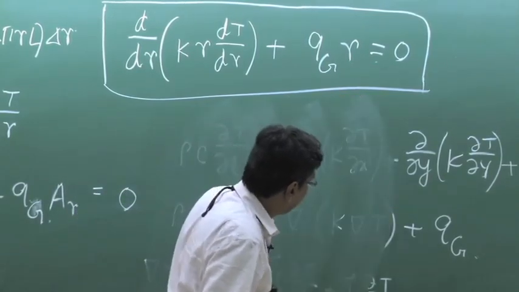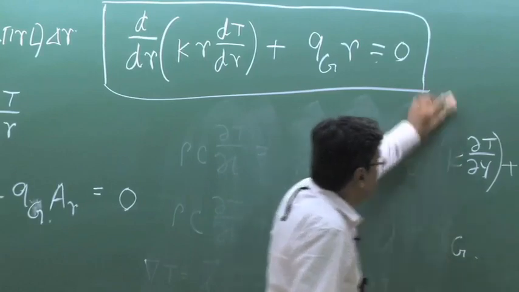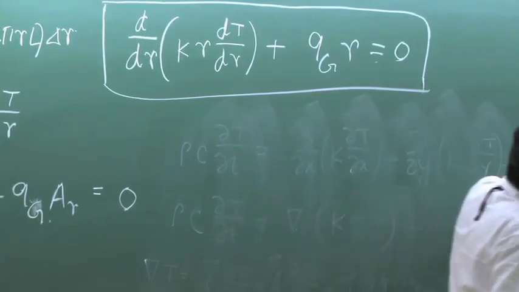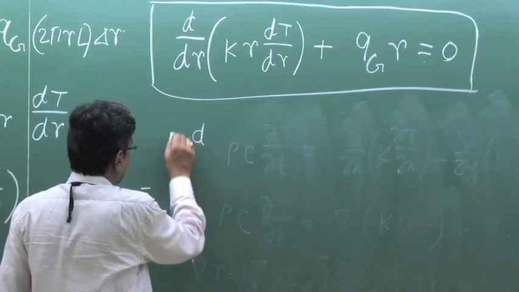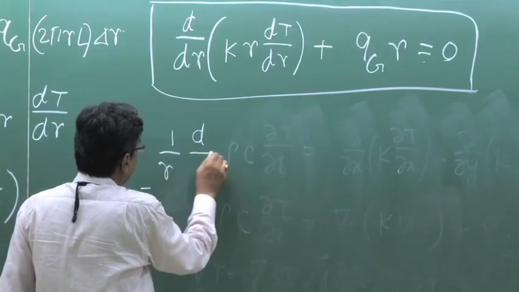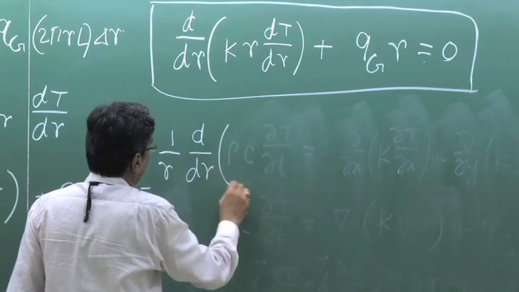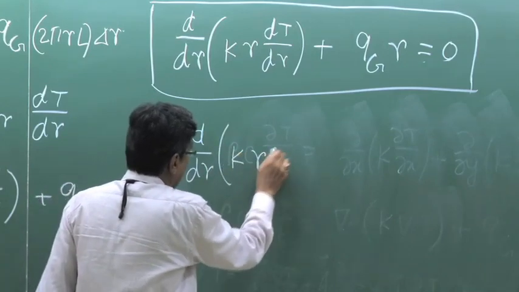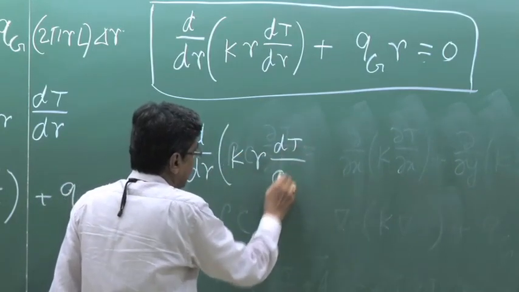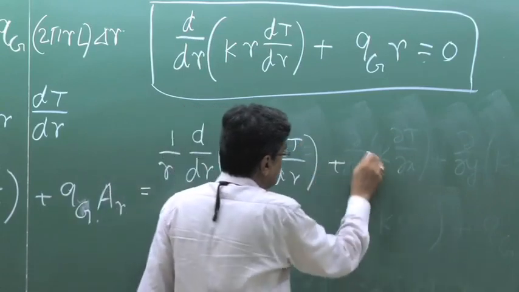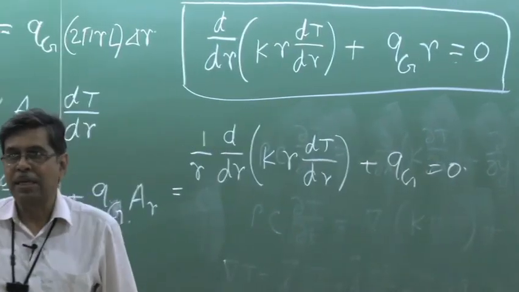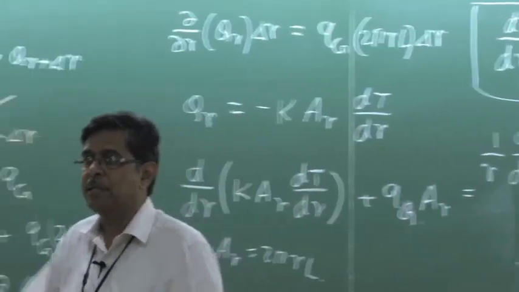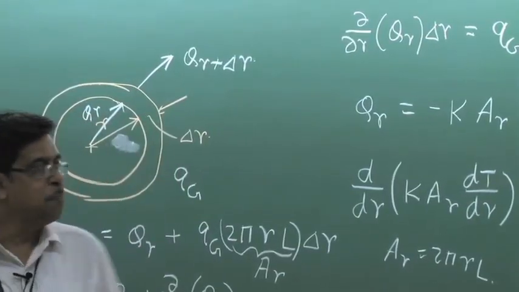That means from the general heat conduction equation, we can also get the same expression, that is 1 by r d/dr of k r dT/dr plus qg is 0. So this is my one-dimensional steady heat conduction through a cylindrical wall. It is as simple as that.